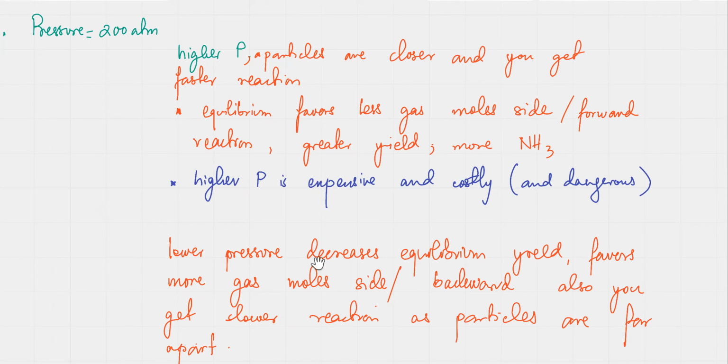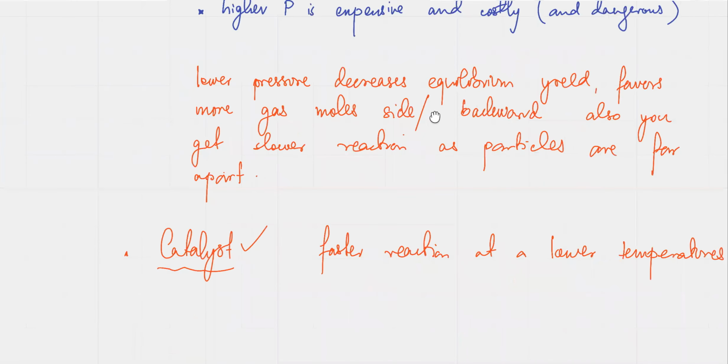So lowering the pressure is not a good idea. Higher pressure is a good thing. The only thing is that it makes things very expensive because all the containers would have to be made from really thick steel reinforced walls so that they don't explode.